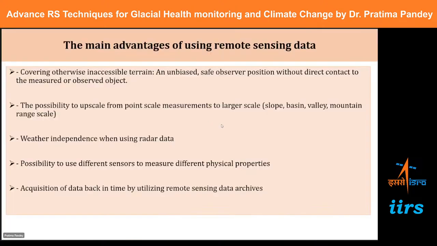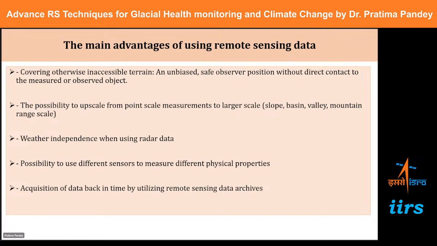The main advantage of using remote sensing data for all glaciological study is that it can cover inaccessible terrain. It is always very safe to use remote sensing data and sit here and do all the glacier related analysis.